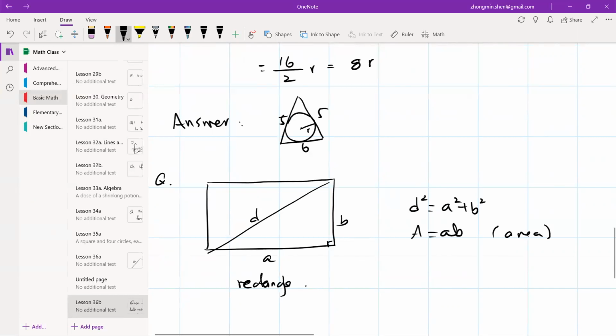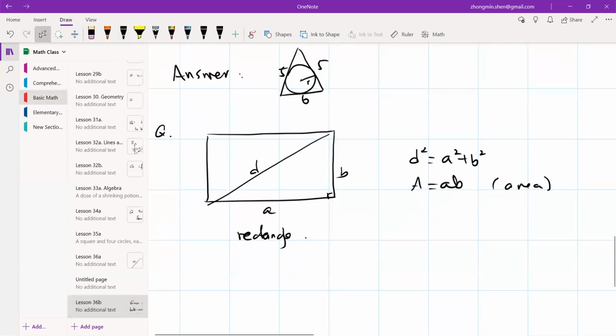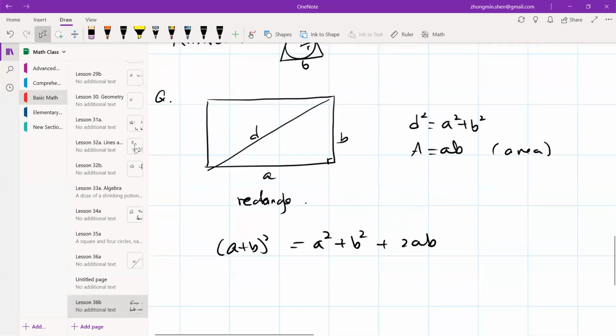And we also have the following identity, a pure algebraic identity. A plus B, squared, is A squared plus B squared plus 2AB, right? And look at this identity. The perimeter P is going to be A plus B multiplied by 2.